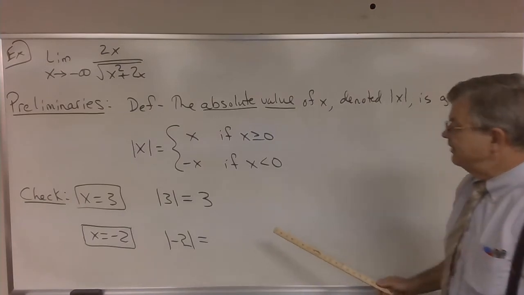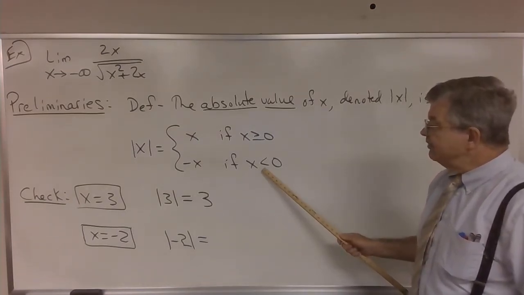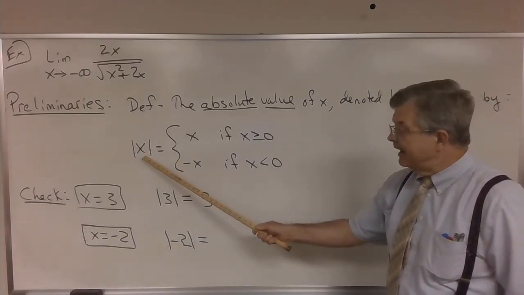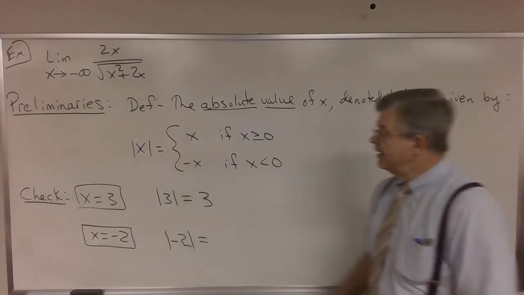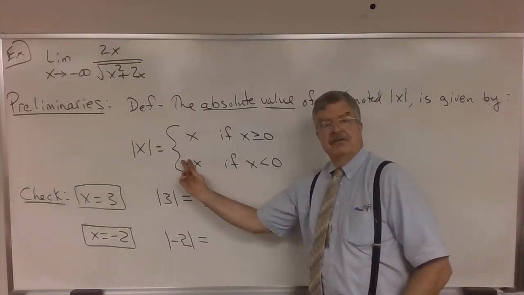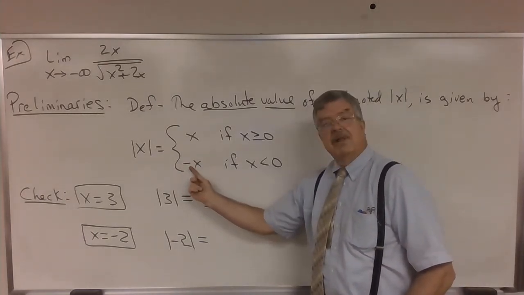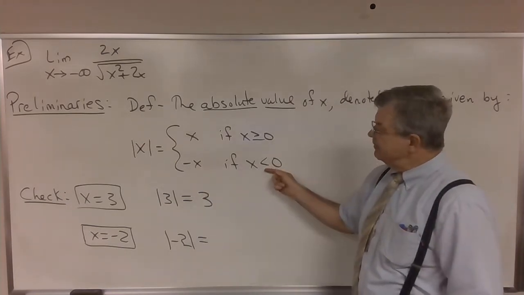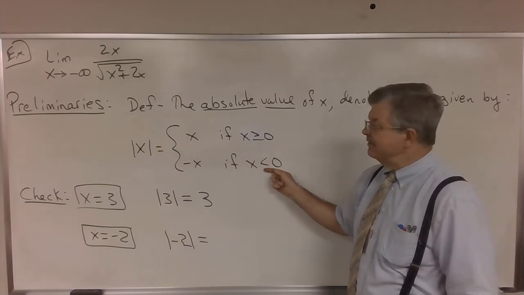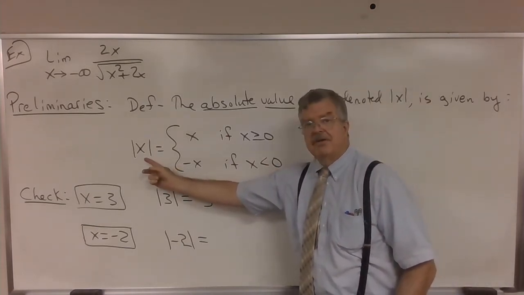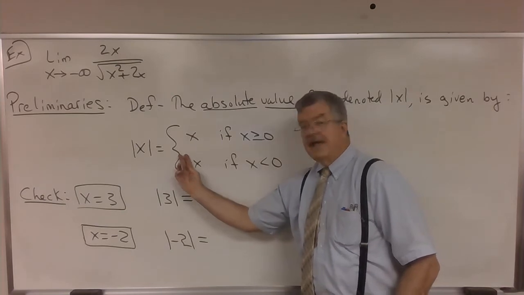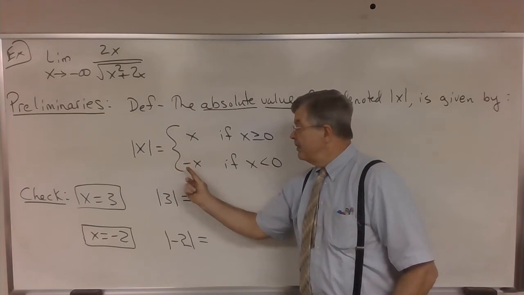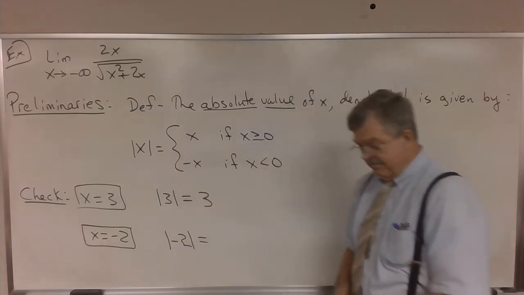Our definition says if x is less than 0 and we want the absolute value of x, then we take x and we multiply it by -1. If x is negative, we take x, which is negative, and we multiply it by -1 to make it positive.